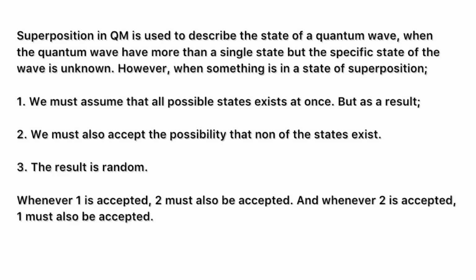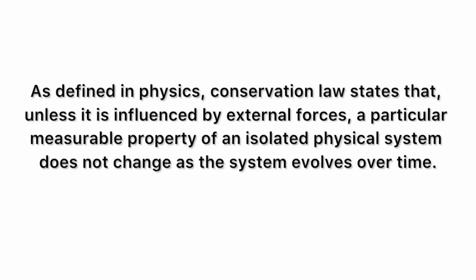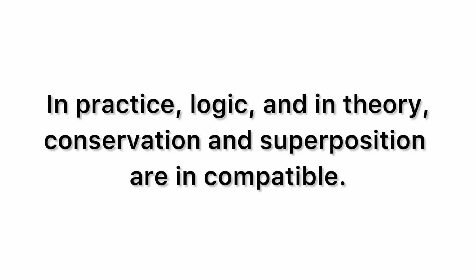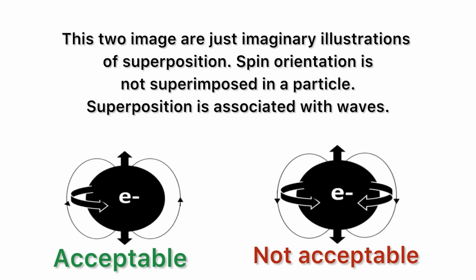Argument 1. Something that is conserved, meaning unchanged, preserved, protected, or maintained, cannot also be in a random state. Randomness is not conserved. In fact, conservation and superposition are incompatible. Argument 2.